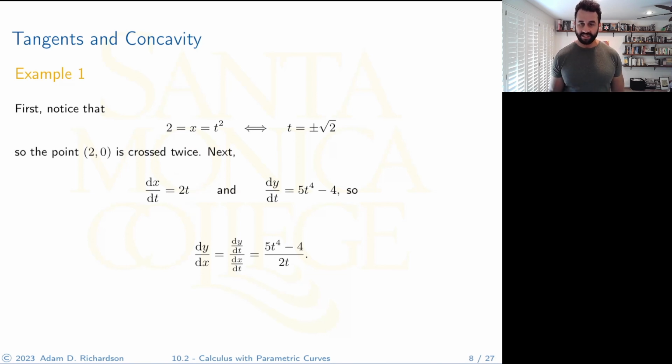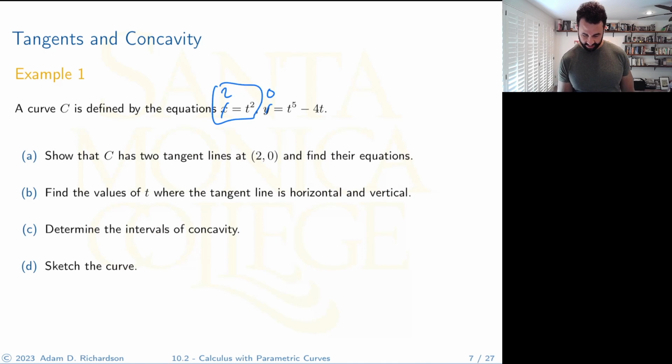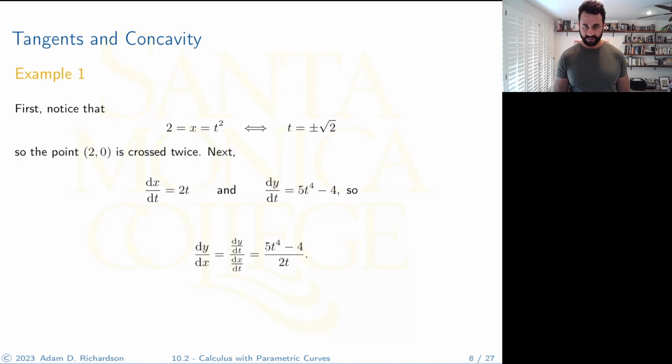What is dy/dt? Differentiate this with respect to t, and you get this. So now we've got dx/dt, we've got dy/dt, so that means dy/dx is just the ratio of those two results. So this right here is the slope of the tangent line to the curve at any time t. Notice it's with respect to t, so at any time t, we've got it.